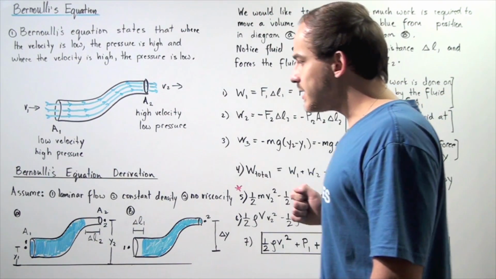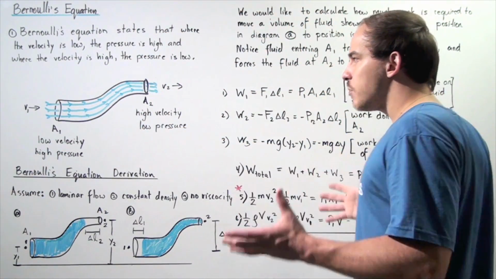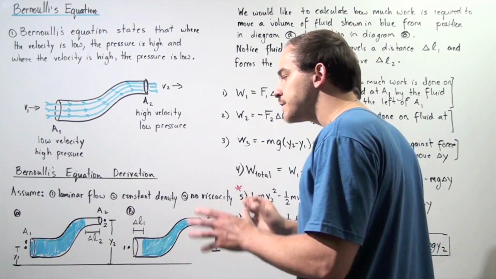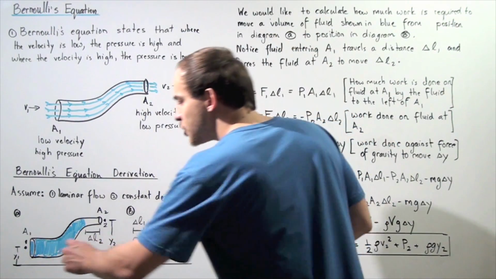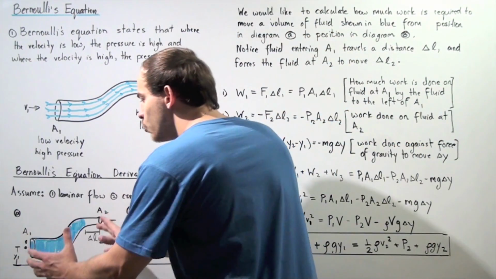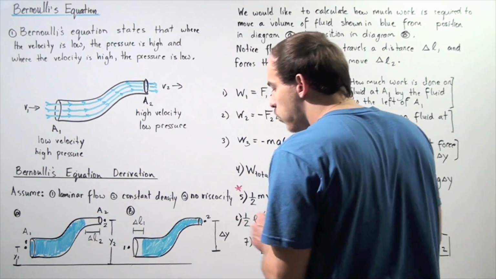So, let's begin by looking at the following two diagrams. Let's suppose we take the following pipe and we take a certain volume of the fluid shown by the following blue region, and our fluid moves from point 1 to point 2.